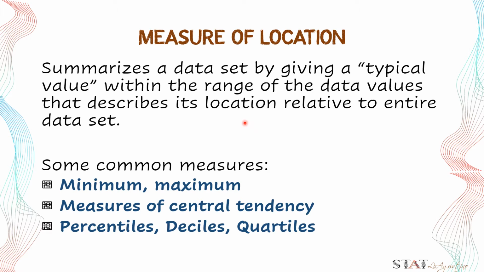Just by giving a typical value, you already have the understanding of the data. Some of the common measures are minimum, maximum, the measures of central tendency, percentiles, deciles, and quartiles. But we will talk only about the minimum and the maximum, and the measures of central tendency.